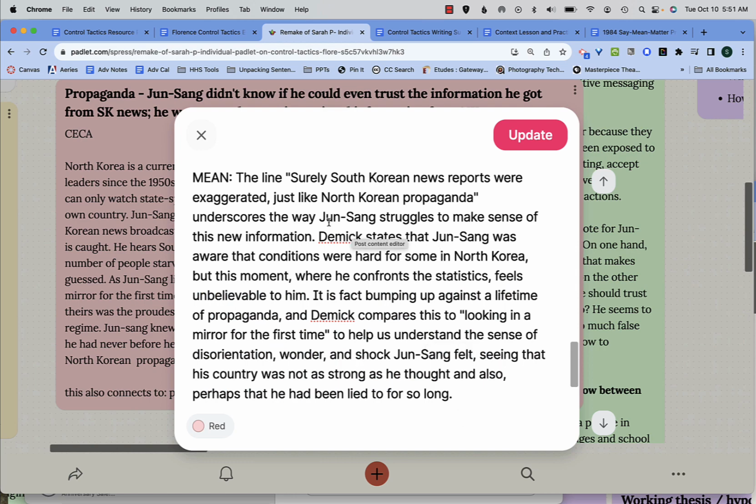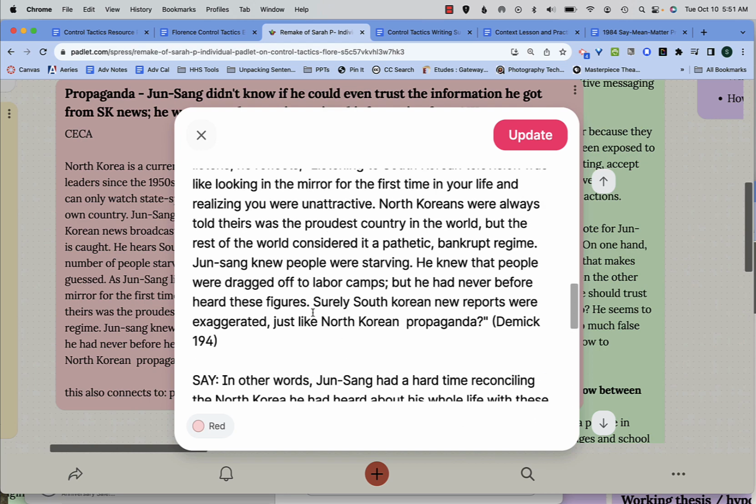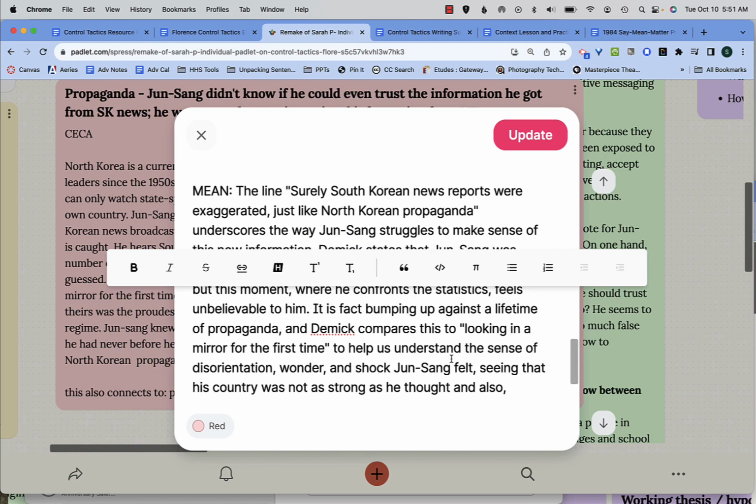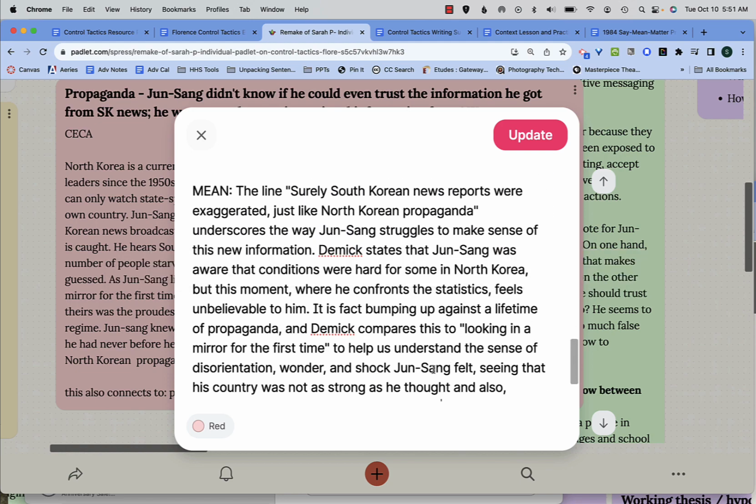The part I chose to zoom in on was this line right here. I'm writing, the line, "surely South Korean news reports were exaggerated, just like North Korean propaganda," underscores the way Jun Sung struggles to make sense of this new information. Demick states that Jun Sung was aware that conditions were hard for some in North Korea, but this moment where he confronts the statistics feels unbelievable to him.